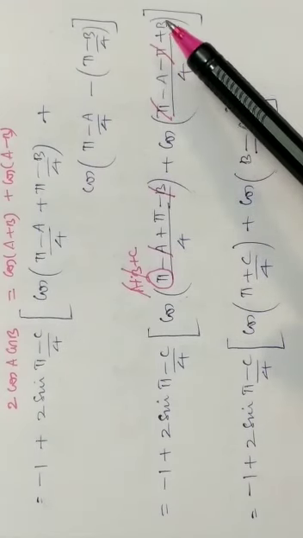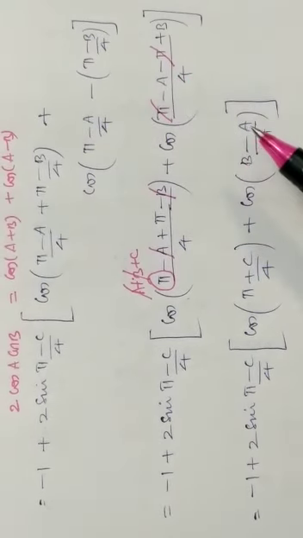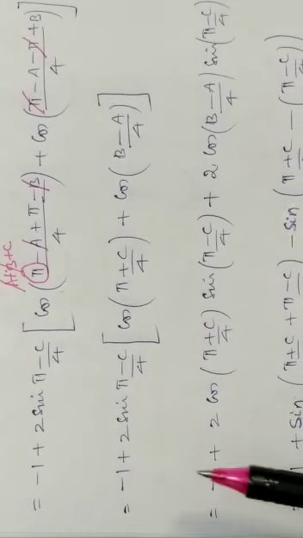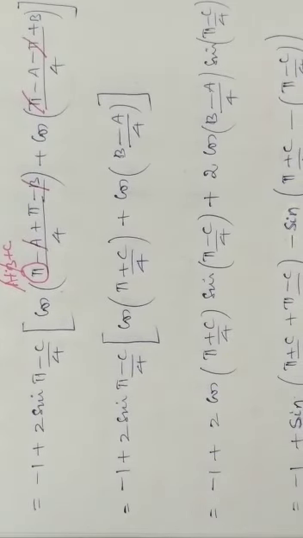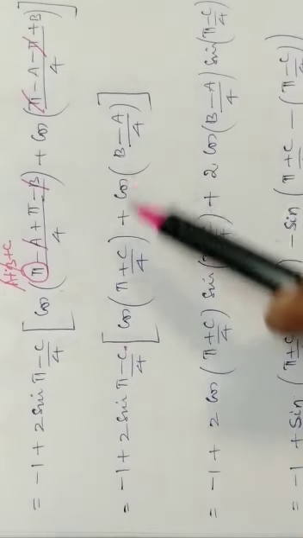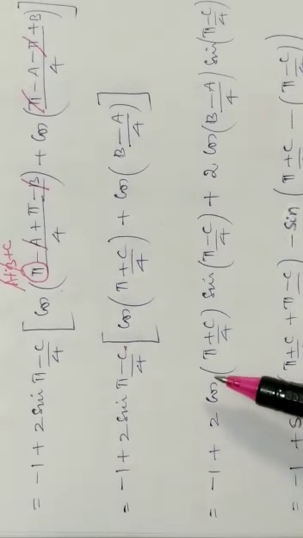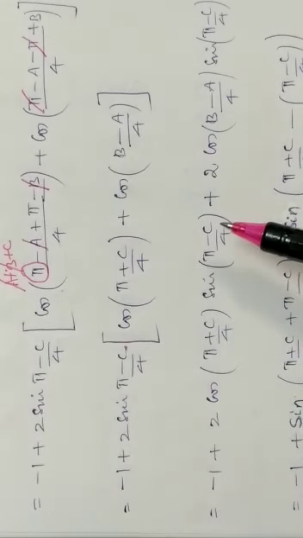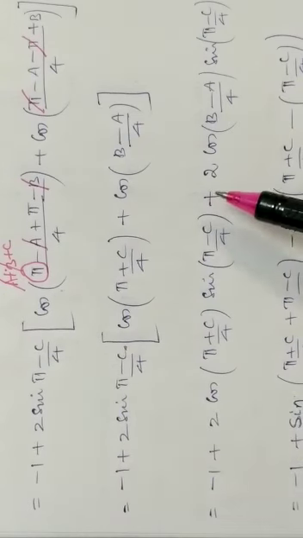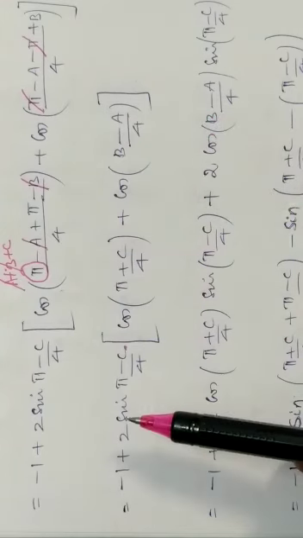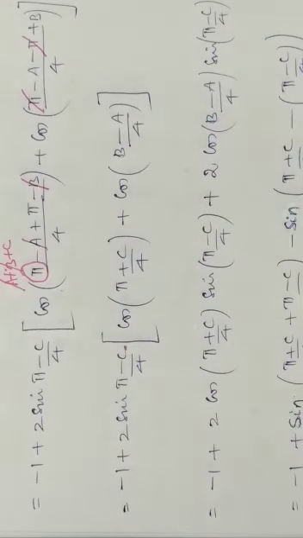So positive term B, negative term minus A: (B − A)/4. Now −1 remains as it is. Multiply this 2 sin((π−C)/4) inside to these two terms: 2 cos((π+C)/4) sin((π−C)/4) plus 2 cos((B−A)/4) sin((π−C)/4).